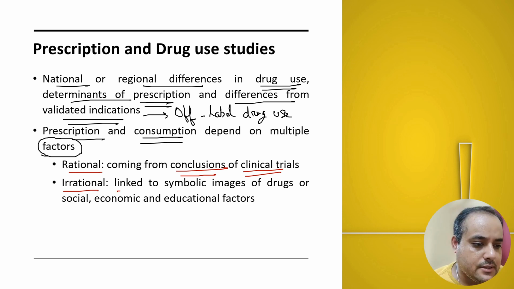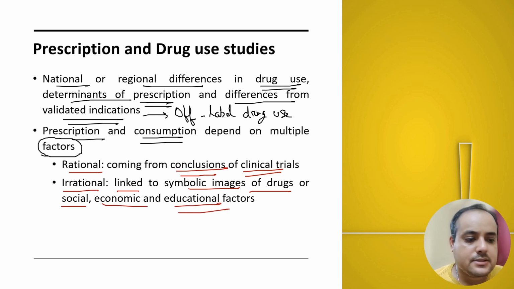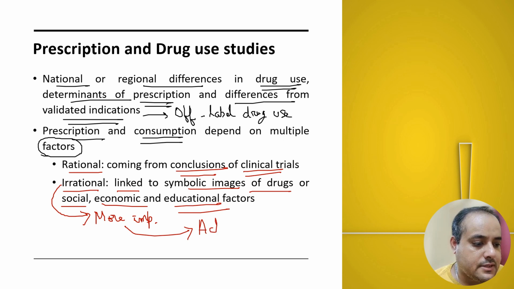It can be linked to the symbolic images of the drug, or to the social, the economic and the educational factors. But these factors have not been derived from the clinical trial. But at the end of the day, these factors may be more important than the rational factors. And these factors may actually govern the drug use.